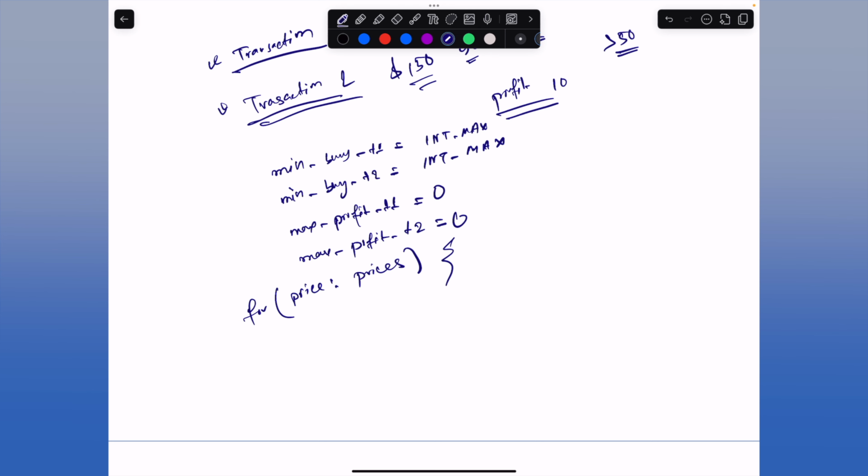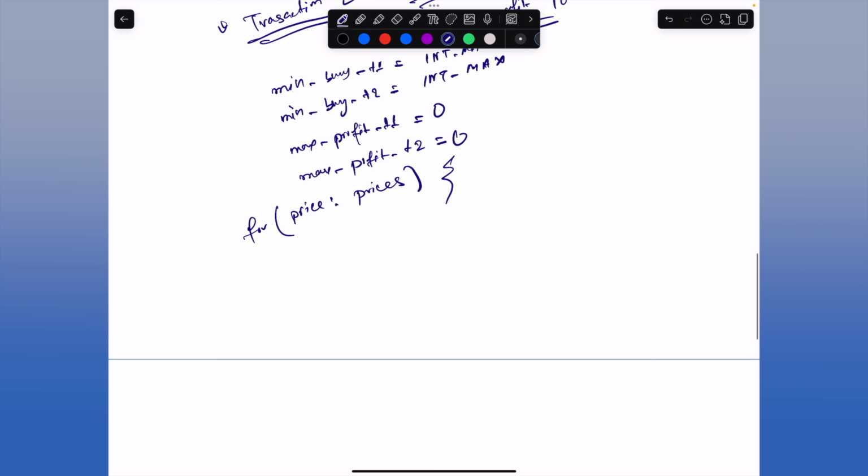As we did in transaction 1, what will be the minimum buy price so far? Minimum buy T1 is equal to the minimum of minimum buy T1 and the current price. So this is the minimum buy price we have stored so far.